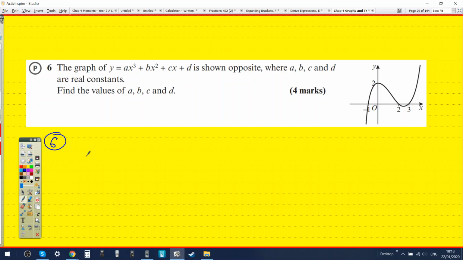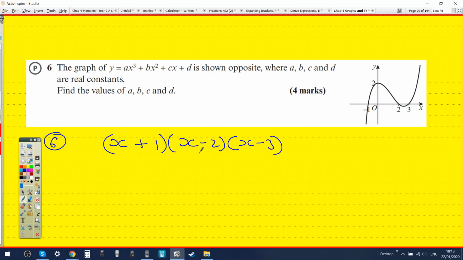So x minus x plus 1, and x minus 2, x minus 3. And then we expand to get x squared plus... Oh yeah. Hold on.